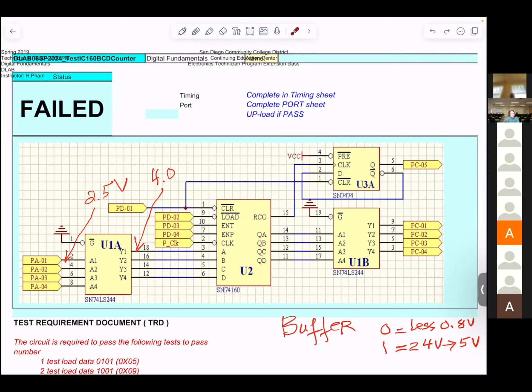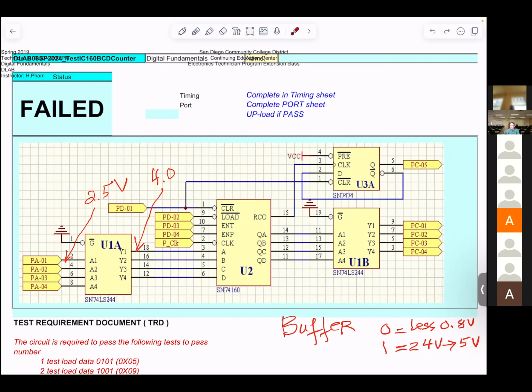The same thing applies to 1B. If pin 19 is not grounded, the output will not get any logic. It will be open. That means the outputs Y1, Y2, Y3 inside get a high impedance. The purpose is to avoid loading any current into the IC.